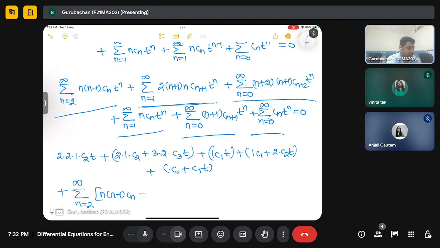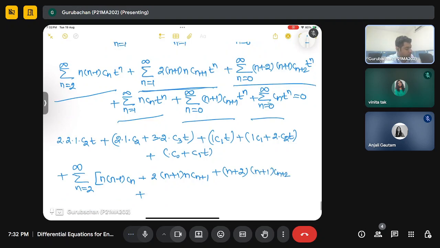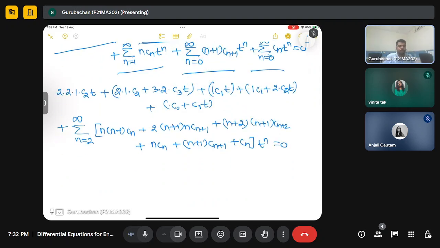And next, n from 2 to infinity, this will contribute 2 times (n plus 1) C(n+1), with positive sign, plus (n plus 2)(n plus 1) C(n+2), plus n C(n) plus C(n), t to the power n equal to 0. So this is all your expression.